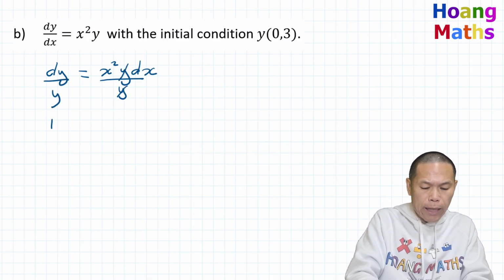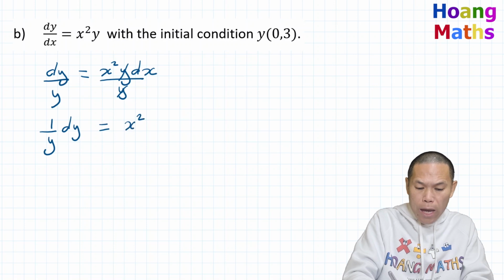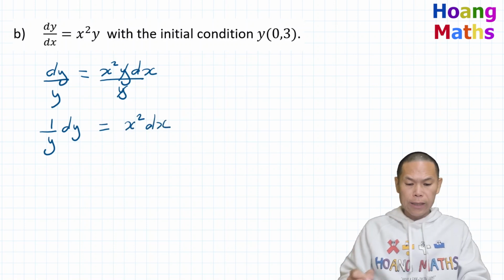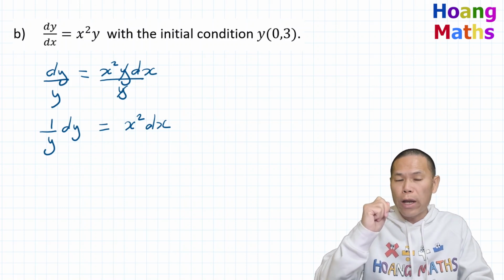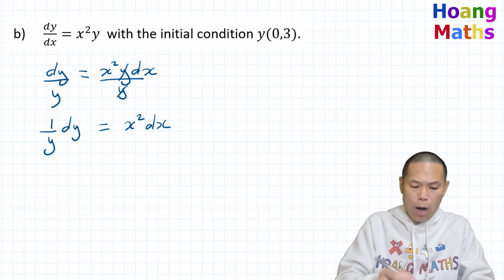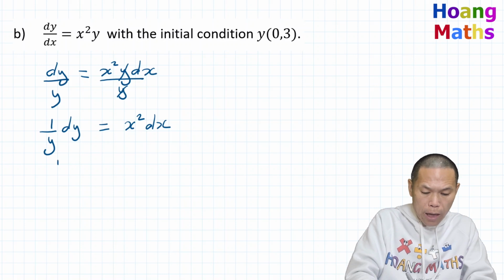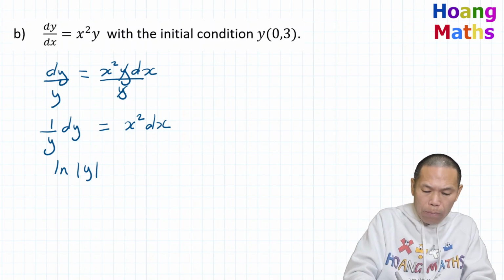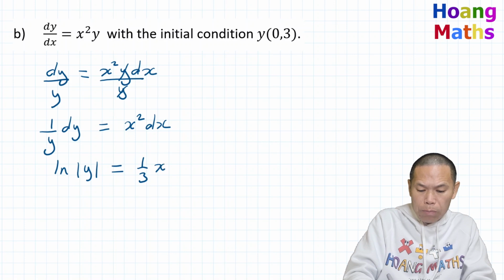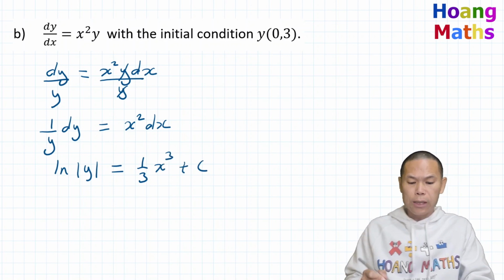So this is exactly the same as 1 over y dy is x squared dx. Now I integrate both sides. Integrating 1 over y is ln y, but of course we have to have the absolute value. That becomes 1/3 of x to the power 3, and we add a constant c.